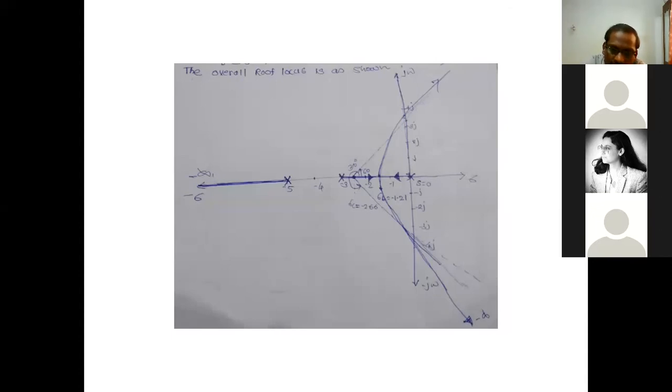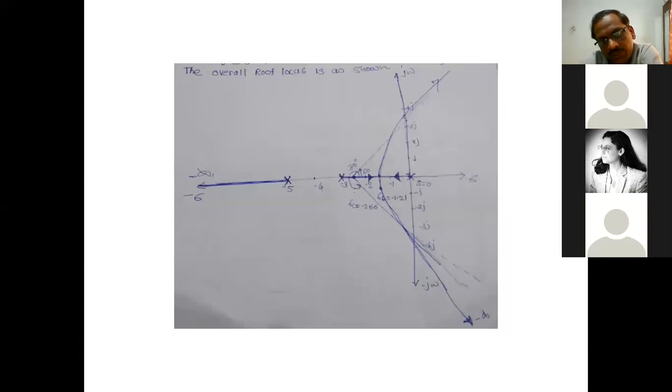But as soon as your system gain K becomes 120, you are having two poles on the imaginary axis. Whenever you are having poles on the imaginary axis, your system becomes marginally stable, and the system response will have oscillation.